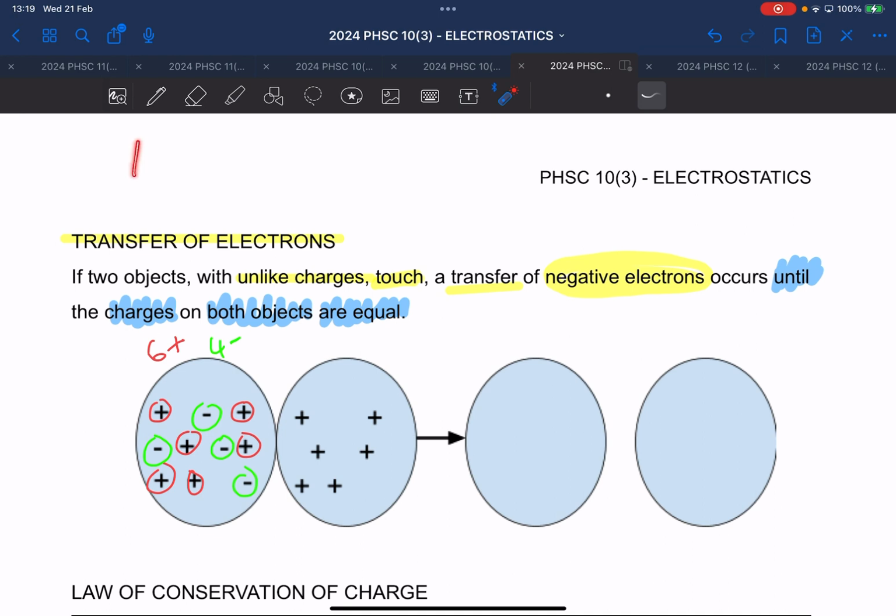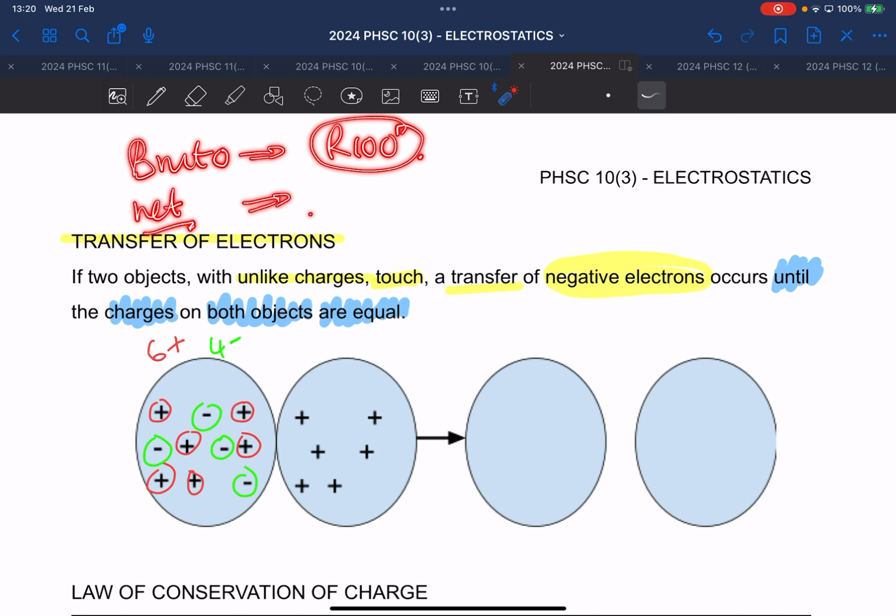Right, you have a brutto salary. That is how much you get. Let's say you get 100 Rand brutto salary per month. And then you have your net salary. Brutto salary is what you get. Net salary is what you have in your pocket after you've subtracted all of your expenses. So you have to pay electricity and what is it that you have to pay the government? Tax, thank you. Tax, medical, pension fund, and so on.